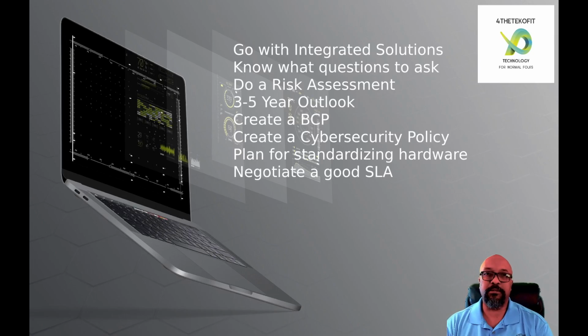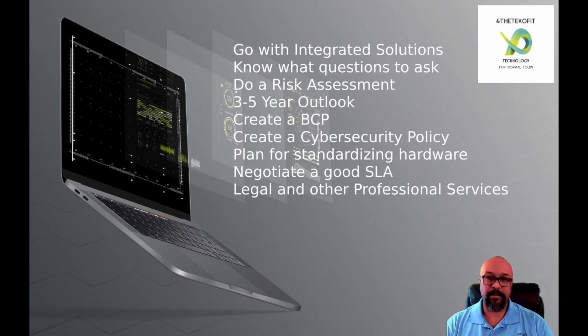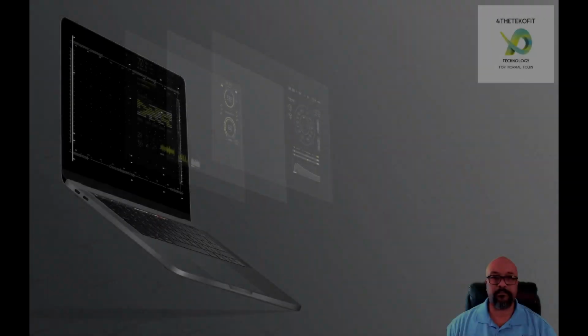Remember, we talked about the DRP. So we need to make sure that if there's an outage, they've got up-to-date backups and they can get your most critical systems back online in the time that you need them back online. And finally, obtain legal and other professional services.